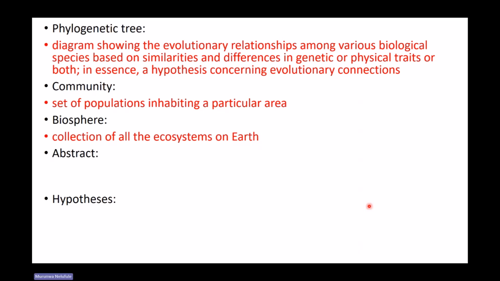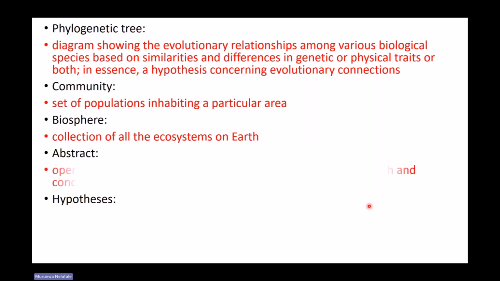That's still a correct answer. So she's right. In a nutshell, it's a summary, but that particular summary has to include your hypothesis, your materials and method, and your entire conclusion of the whole thing.